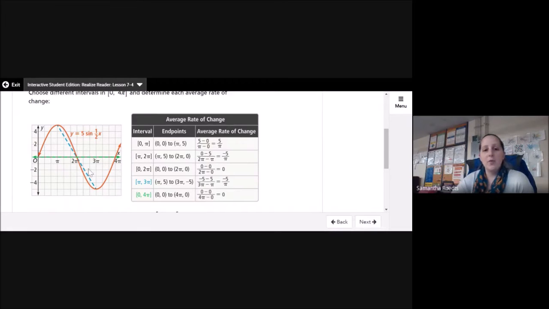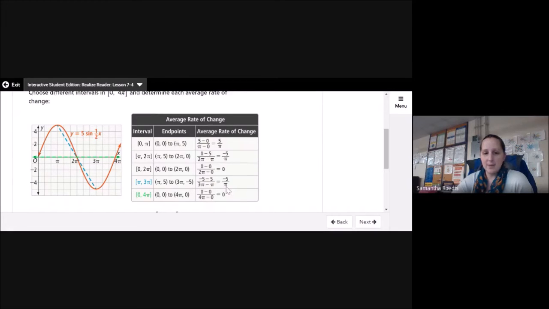Then I go from 0 to 2 pi. That was 0, 0, and 2 pi, 0, which is 0 minus 0 over 2 pi minus 0, which gives you 0. And then pi to 3 pi. Those are the in-between rates. So that's pi, 5 to 3 pi, negative 5: negative 5 minus 5 over 3 pi minus pi.